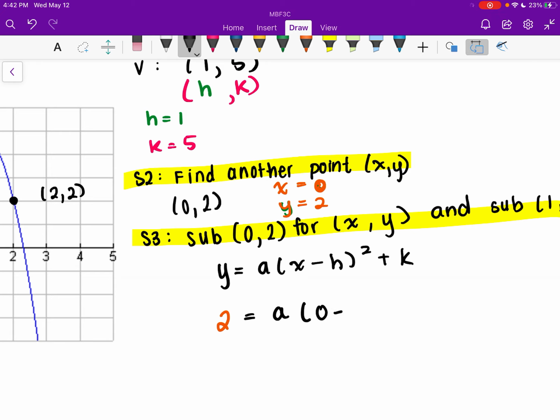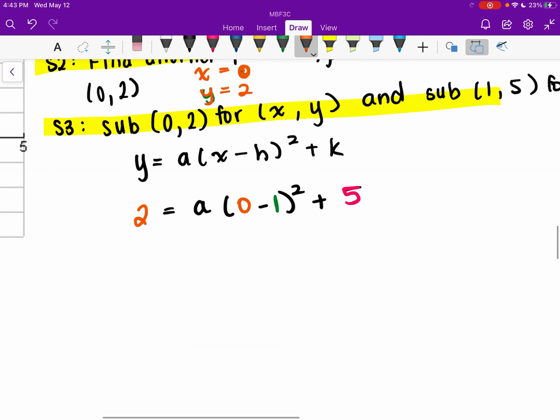We know h is equal to 1, squared, plus k, which is 5. So just going back in and putting them in from the numbers that we found and how we found them, just so you have an understanding of where those numbers came from. This is our h value, and this is from our x and y.